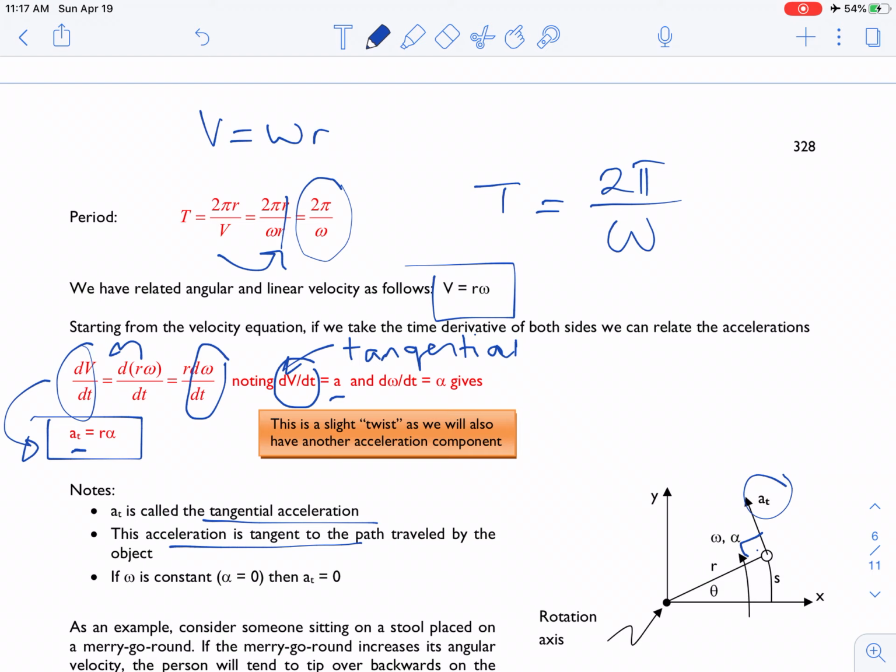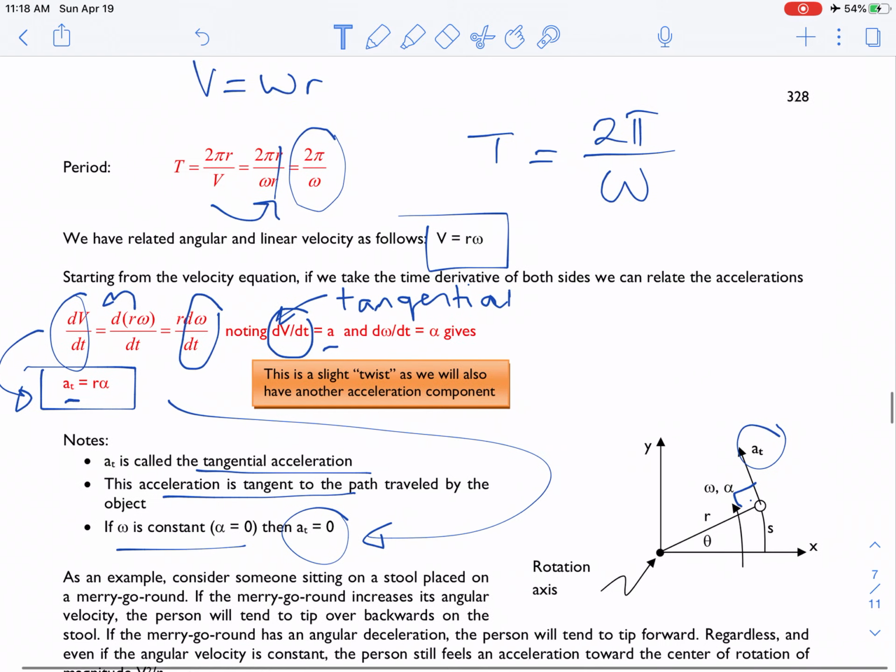And if omega is constant, think about this: if velocity is constant, acceleration is 0, right? So if angular velocity is constant, then angular acceleration is 0, and then tangential acceleration should be 0. Why is that? Because of this equation. Alpha is 0, then a_t is 0. Simple as that.